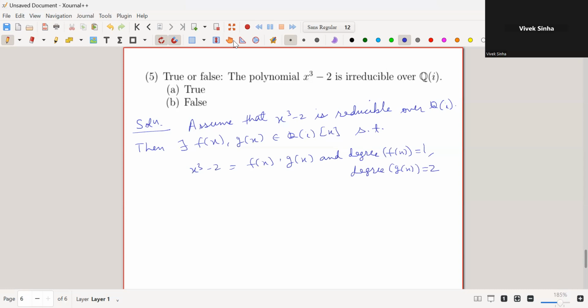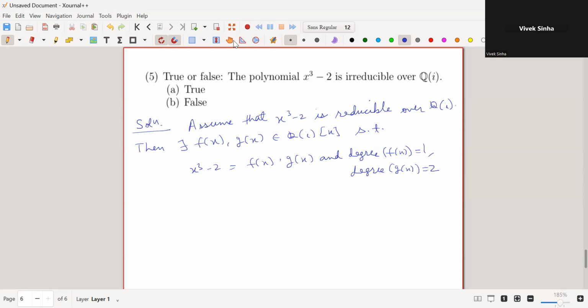Now g(x) may be reducible or irreducible, so it may again factorize linearly into two factors or not. That's a different thing. But if x cube minus 2 is reducible, then it should be written in this way only: a polynomial of degree 1 and a polynomial of degree 2, such that their product is equal to x cube minus 2. Clear? Yes, sir.